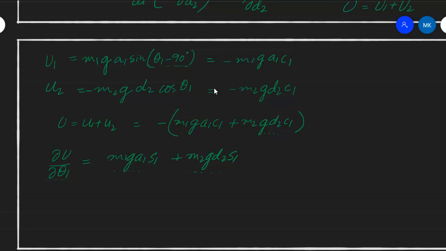And our dou U by dou d2 will have just one component, that will be minus m2 g cos of theta 1, because dou U by dou d2 will replace this one, and the rest of the part would be the coefficient of the differential. So this is what we get for dou U by dou d2. We can get it verified from here.